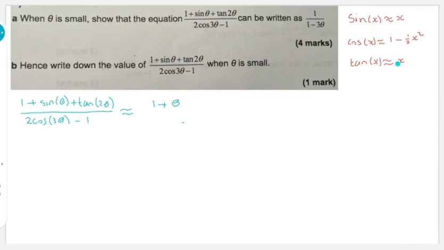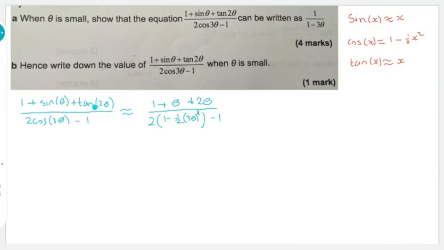Tan of x is approximately x when x is small, so tan of 2 theta is approximately 2 theta. At the bottom, we have 2 times cos of 3 theta, which is 1 minus a half of 3 theta squared, and then we put the minus 1.